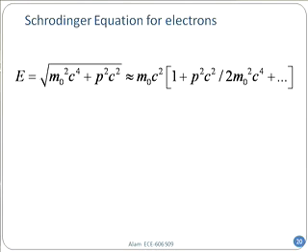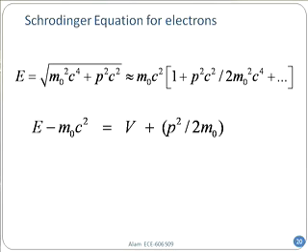In that case, m naught is not equal to 0. m naught c squared is a very big quantity. So if you expand under this square root, you should check that you can expand it in this particular form: m naught c squared is the first term, and the rest of the terms can be expanded in this particular form. Check it out when you go home.